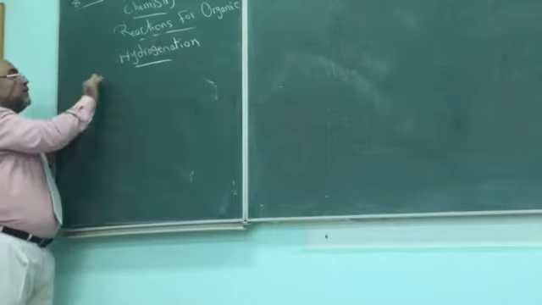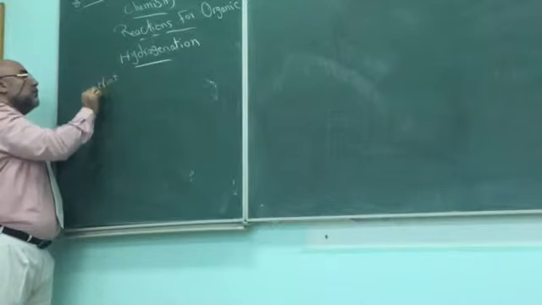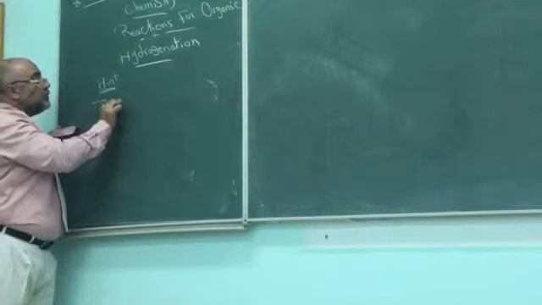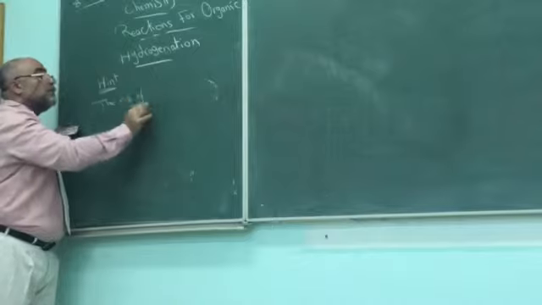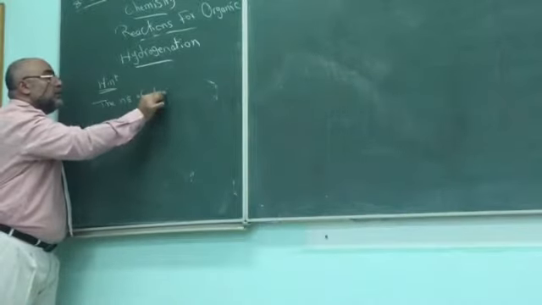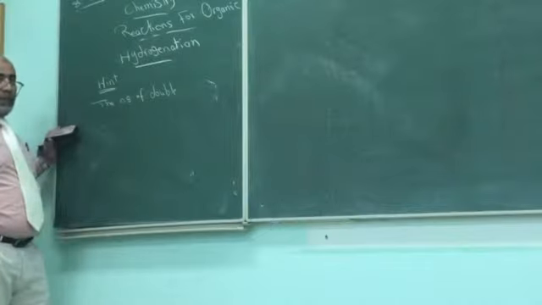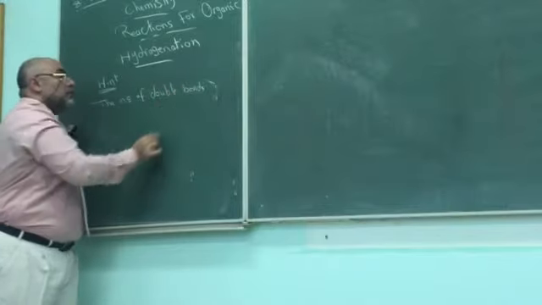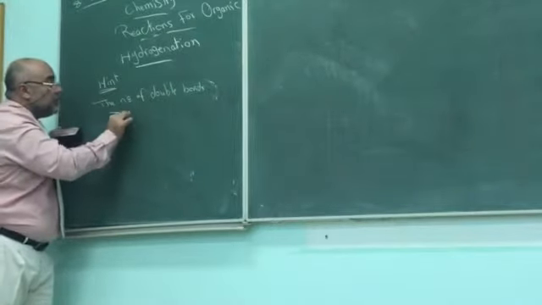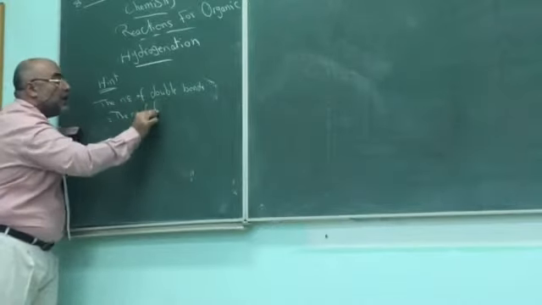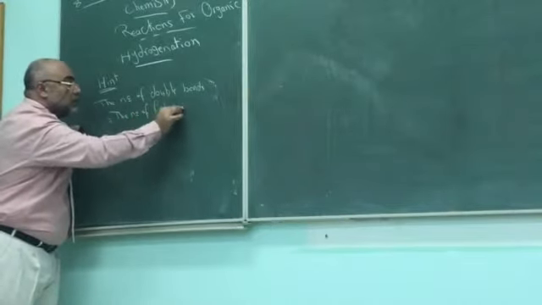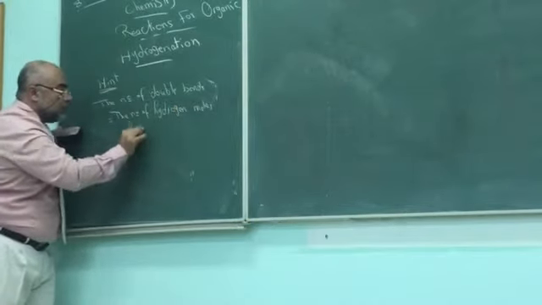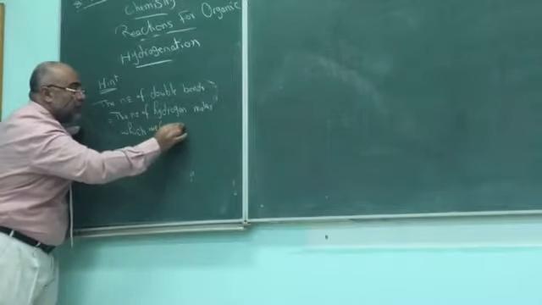I'll give you a hint at first. The number of double bonds equals the number of hydrogen moles which we can add.